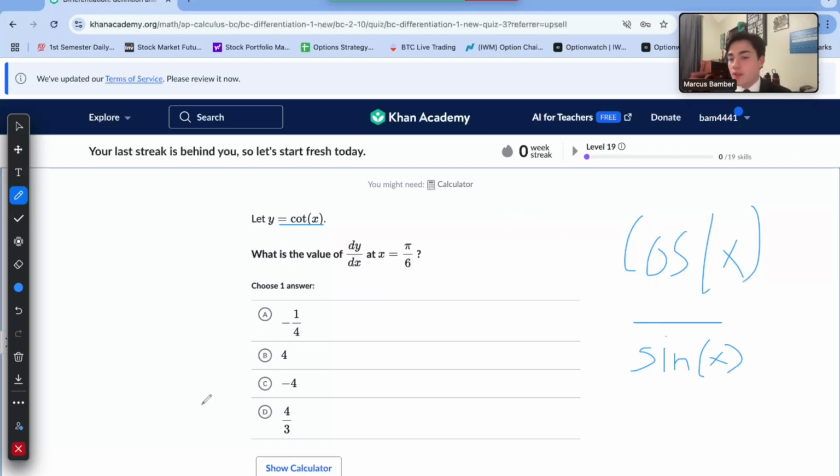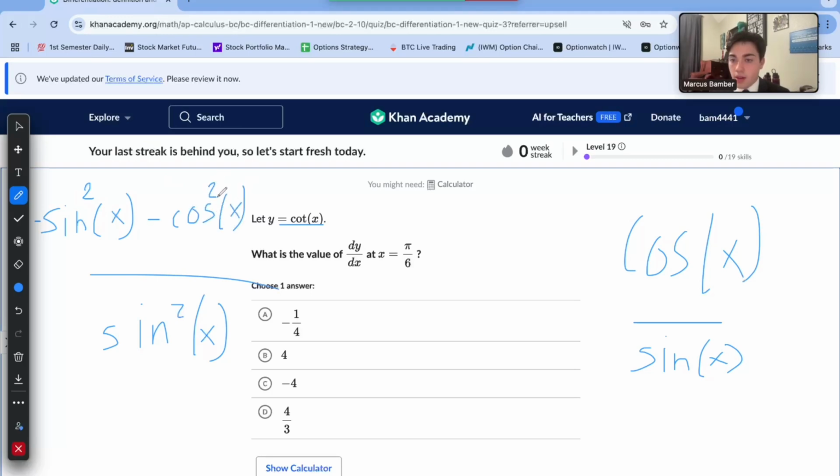We're trying to find the derivative, so we're left with sine squared of x in our denominator, and then we have sine of x, low, d high, times negative sine of x, so we're left with negative sine squared of x, and then we have minus low d high minus high cosine of x. Derivative of the low is just cosine of x, so we're left with minus cosine squared of x.